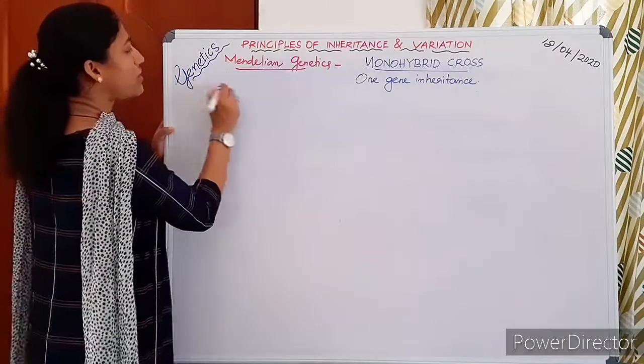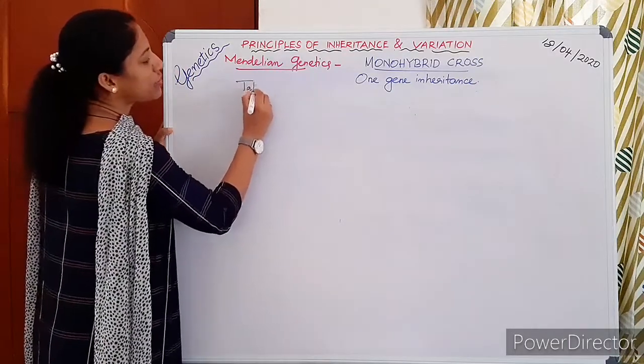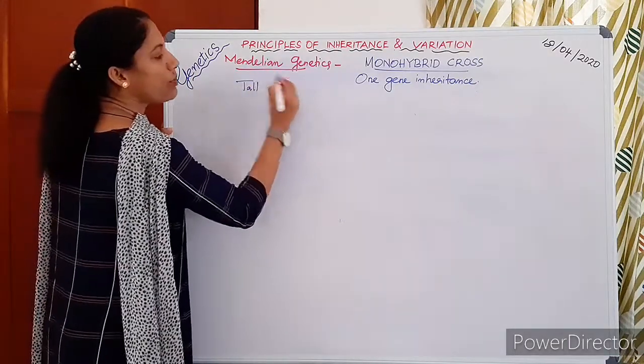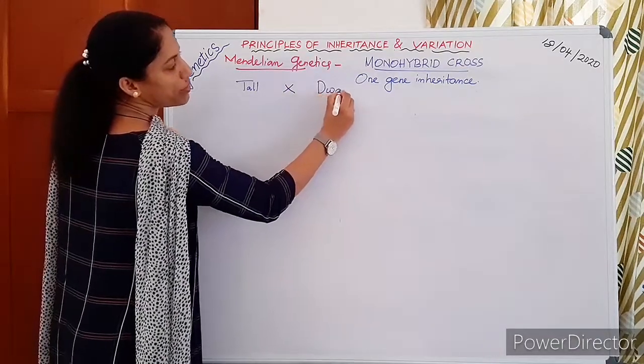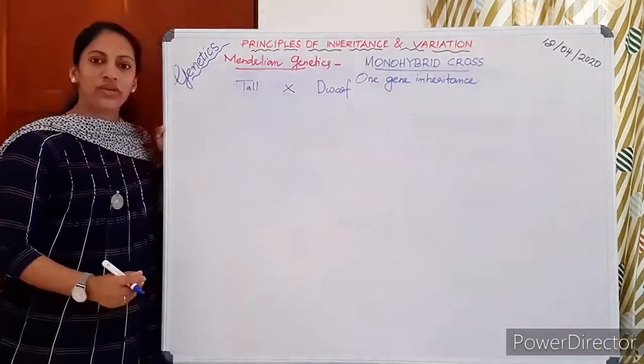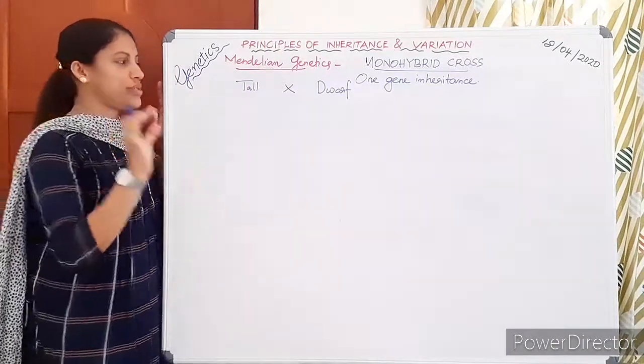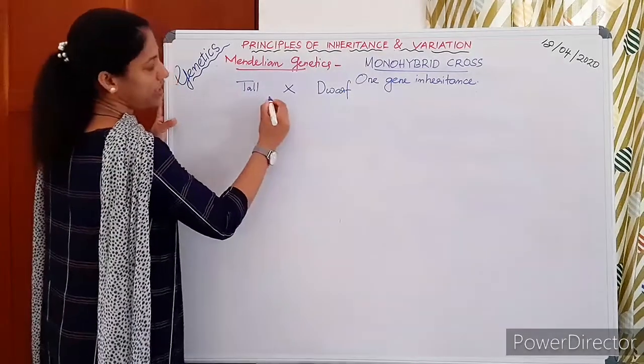The first monohybrid cross by Mendel: Mendel crossed a tall pea plant with a dwarf pea plant. These were the parental generation.